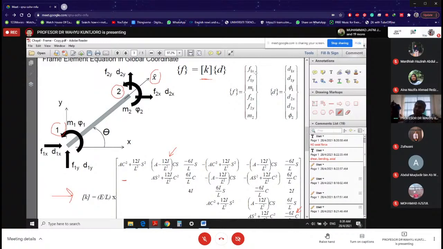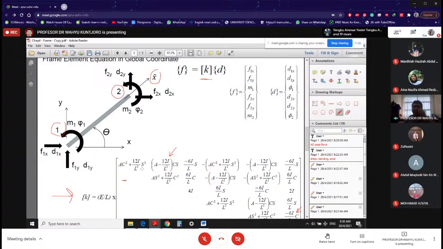That's the way you write it, from 1 to 2. The reason is, of course, I repeat again, because positive X local is from 1 to 2. Look at that direction. If that's the case, then that is going to be your theta. So that is the theta that you will calculate for your C and S.